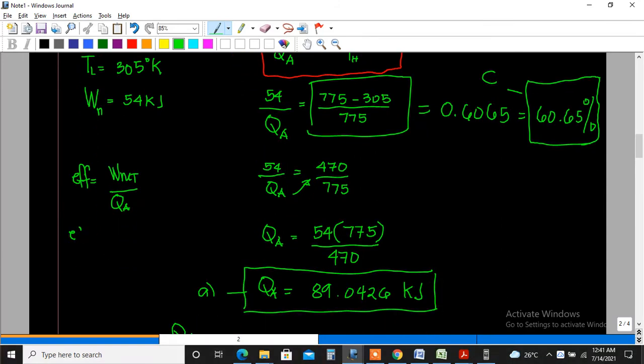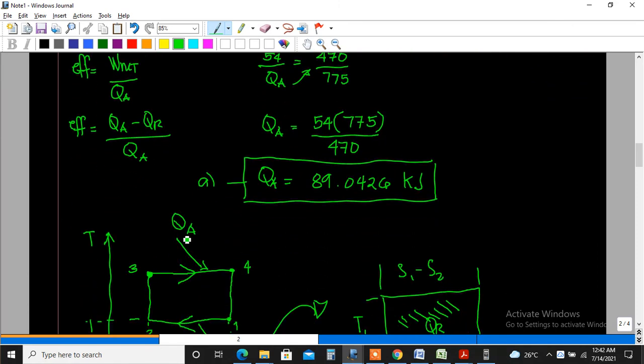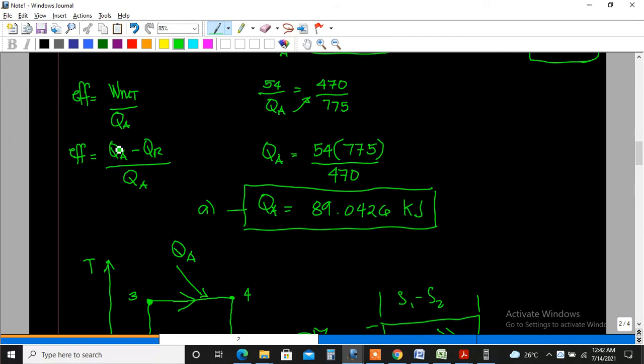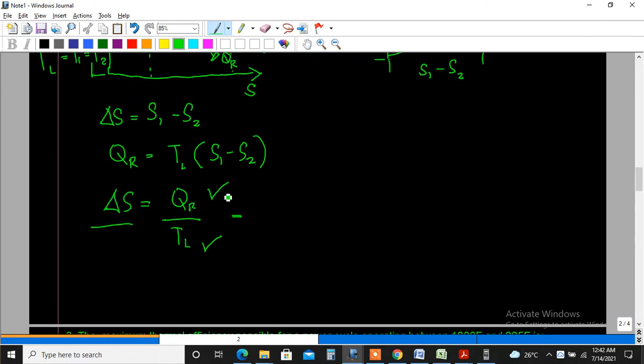So efficiency is equal to QA minus QR over QA. Given QA, we will be able to solve the heat rejected. So let's first solve the heat rejected.